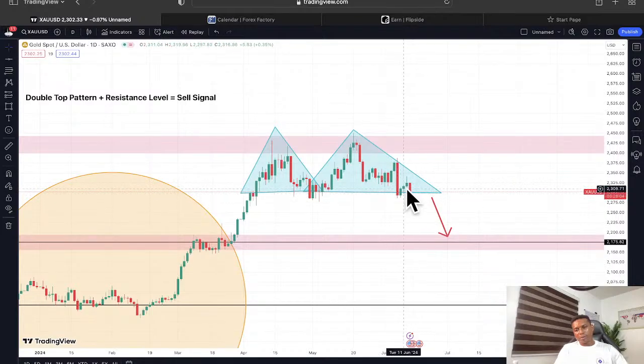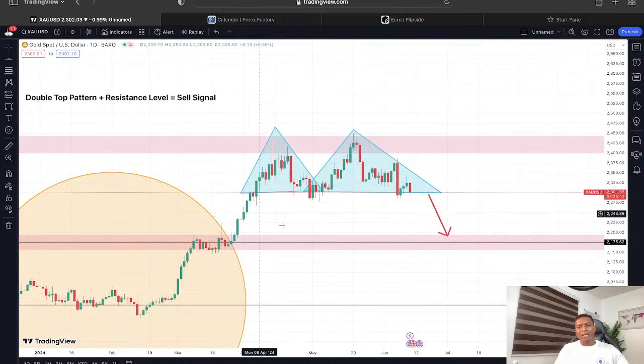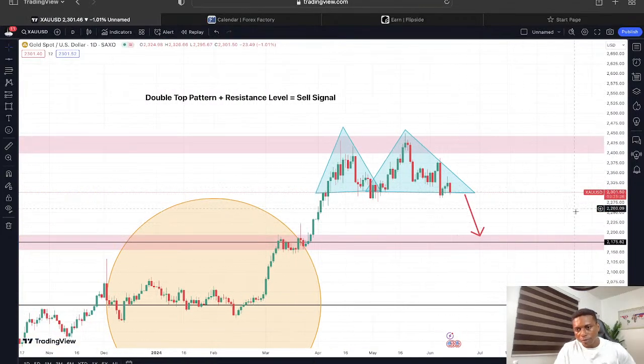To my right is the shoulder, to my left here is the shoulder, and to the top here is the head. When you spot a double top like that, what next is a breakout from this level. So that is what we anticipate to see on gold.